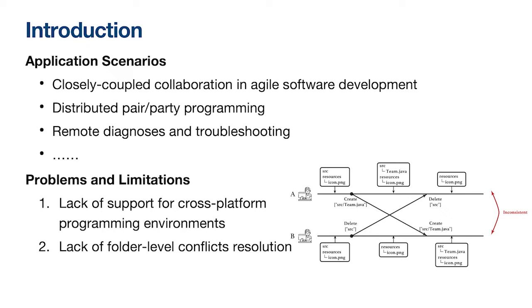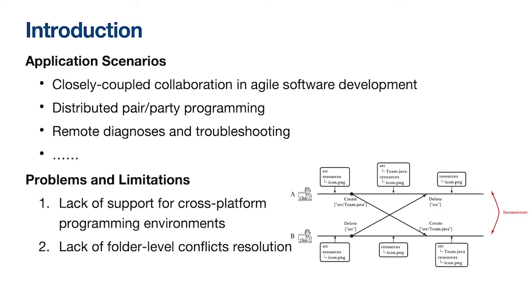Consequently, one critical issue is to ensure the consistency of the distributed documents. Most of the existing real-time collaborative programming solutions can transform and resolve conflicts between file-level editing operations, namely inserting or deleting a string in a file. However, concurrent folder-level editing operations, namely creating, deleting, and renaming folders or files, may also conflict.